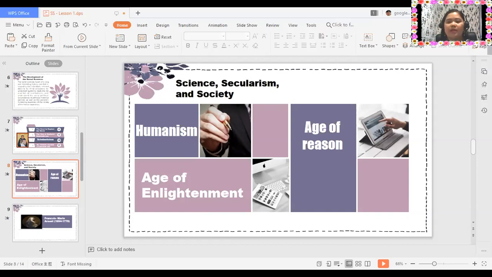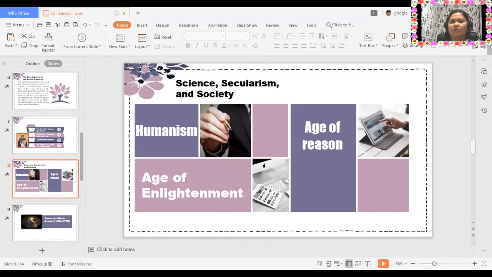When we say humanism, it is a philosophical movement which places the human being's capacity to reason and rationality at its center. As scientists said, we come from the apes or from animals. The difference between animals and humans is that humans have the capacity to reason while animals can't.